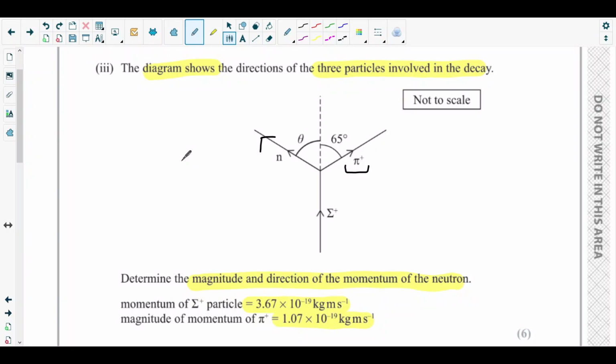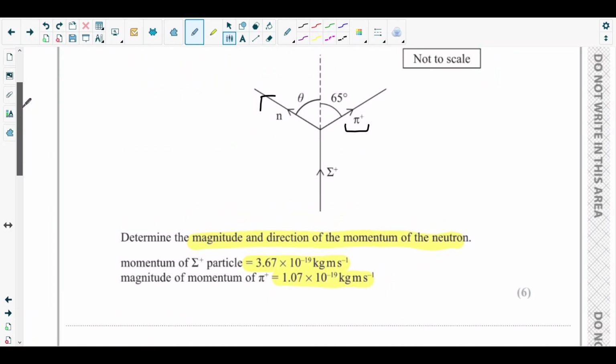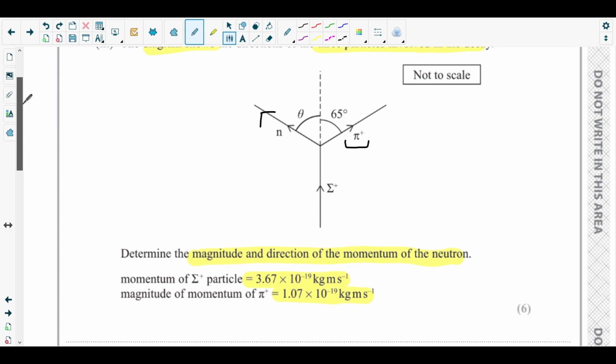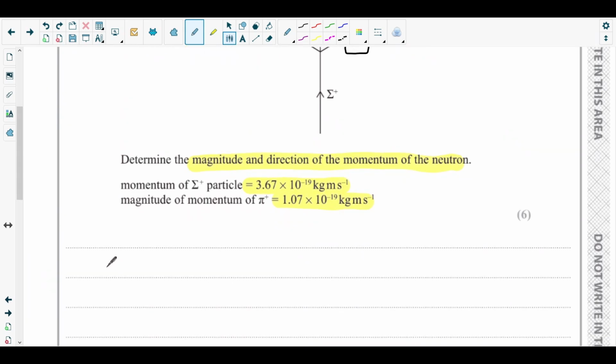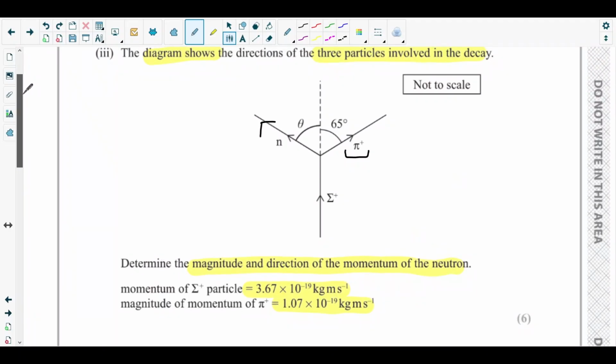We will consider that fact to find the horizontal component of the momentum of the neutron. What's the horizontal component? Let's use sin theta. This is the resultant momentum, this is the vertical component, and this is the horizontal component. We need the horizontal one, so we use sin theta.